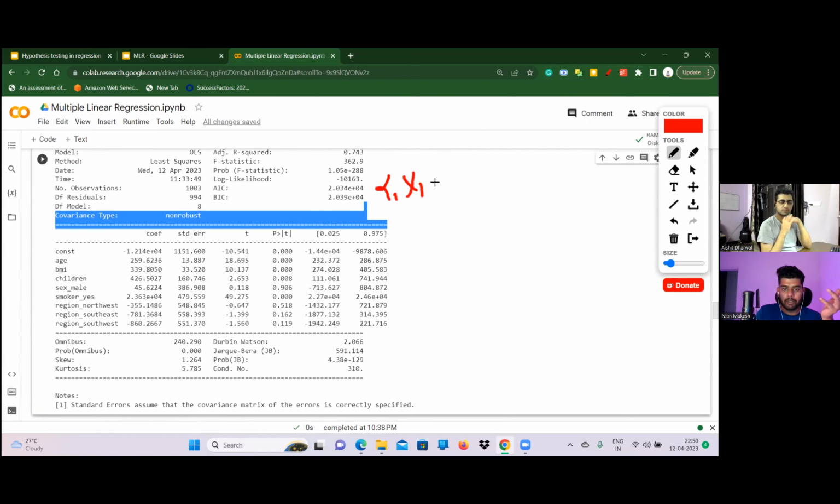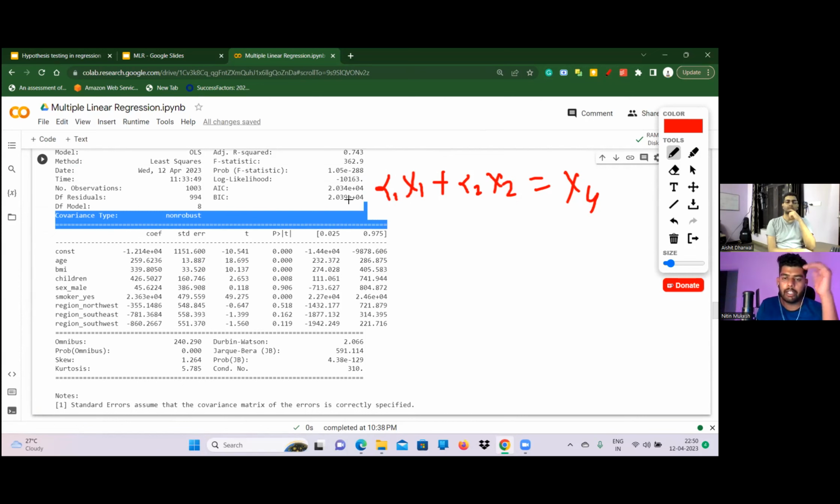Alpha one times x1 plus alpha two times x2, a linear combination, is equal to x4. So this may also happen. x1 and x4 will have a high correlation, and x2 and x4 will have a high correlation, and x1 and x2 will also have high correlation. So this relationship one cannot get from the correlation itself.